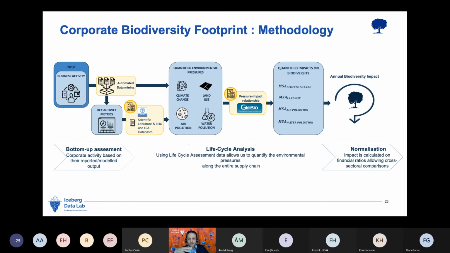And it offers us the largest toolbox in terms of damage function, allowing us to appraise the impact of GHG emissions, change of land use, air pollution, which includes release of NOx and SOx in the atmosphere, and water pollution, which includes basically all the major toxic pollutants that could be released by processes.